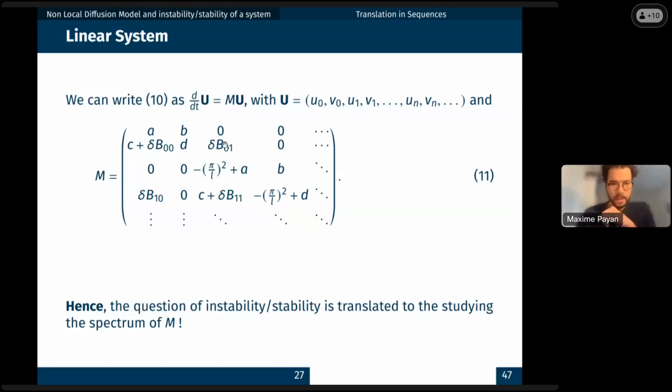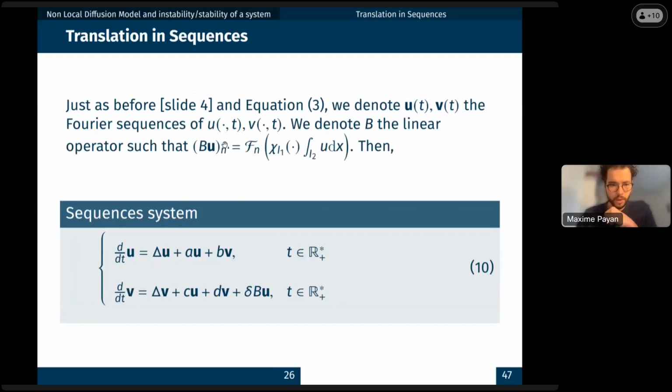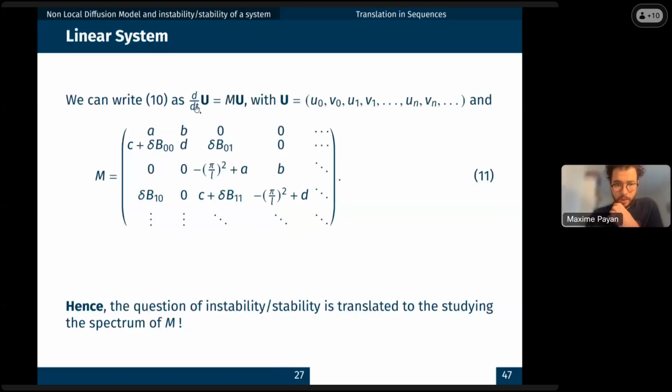So we rewrite the sequence system as a linear system. We have dt capital U equals the operator M applied to U, where U is now U0, V0, U1, V1, etc. Be careful, this is not exactly the same basis we chose, just a little change.